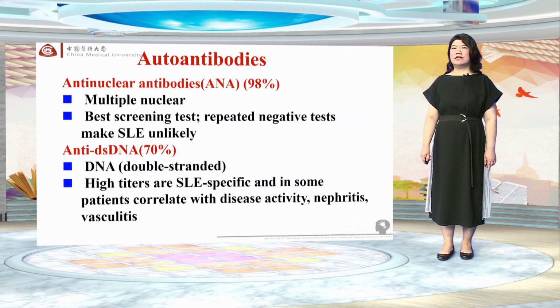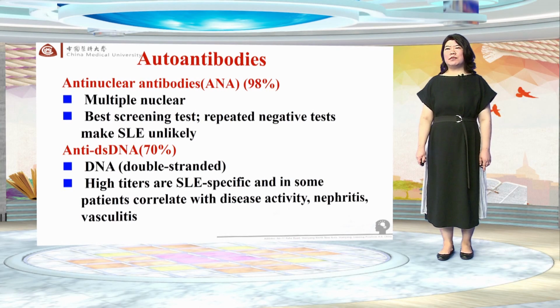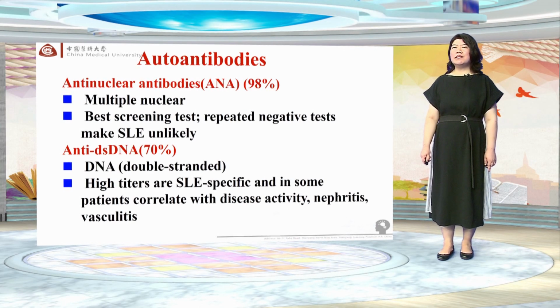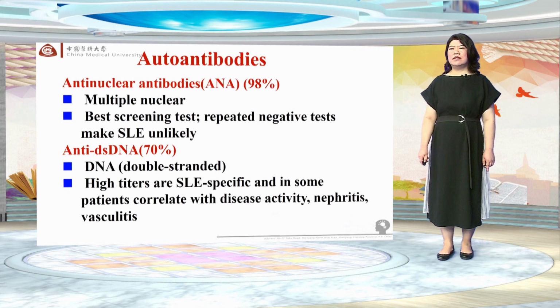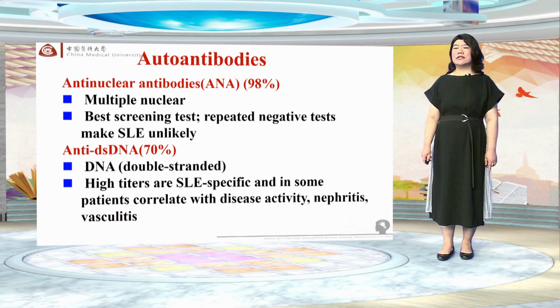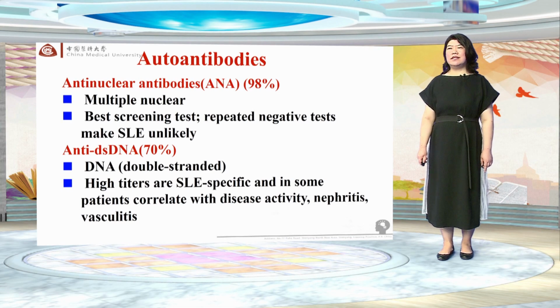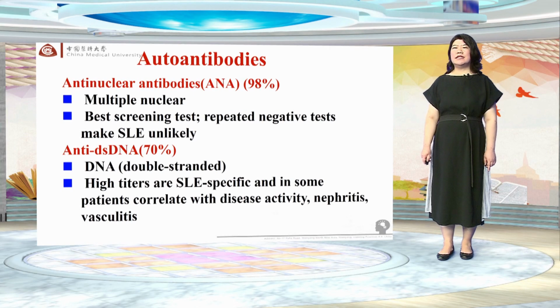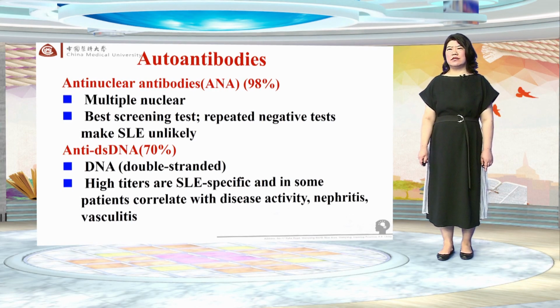The most significant laboratory tests for lupus patients are the autoantibodies. There are many autoantibodies in the serum of lupus patients. The most important one: nearly 98% of lupus patients are anti-nuclear antibody positive.